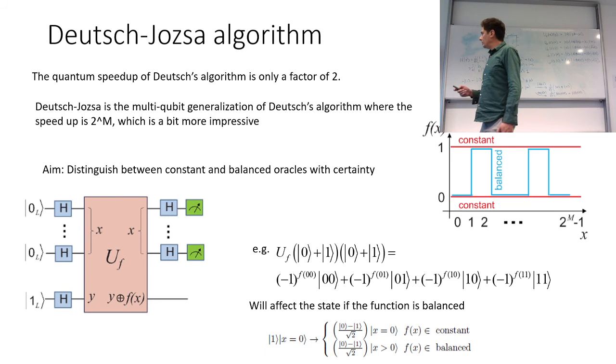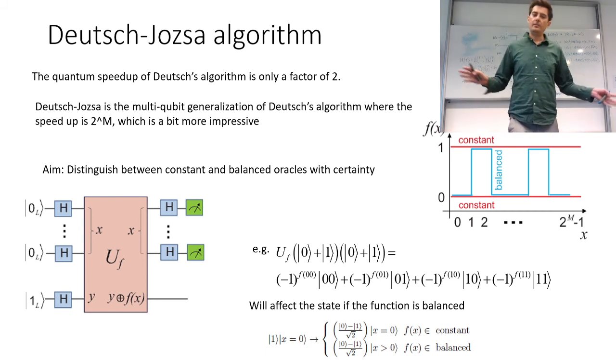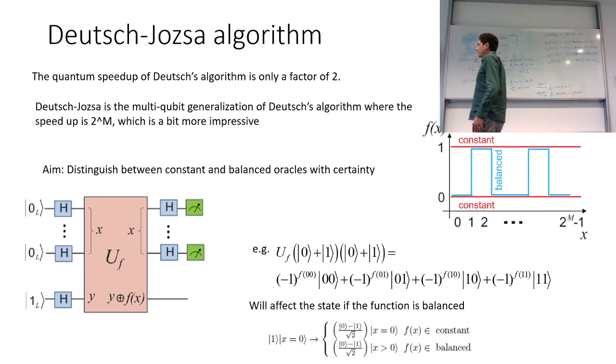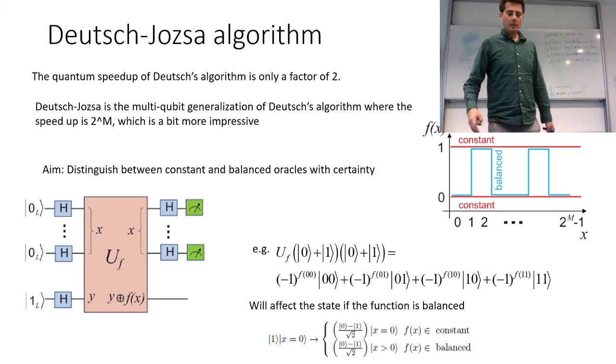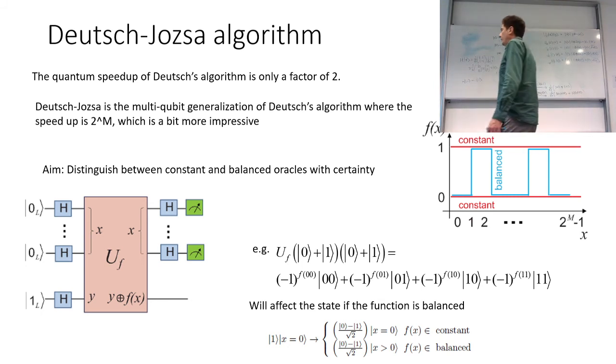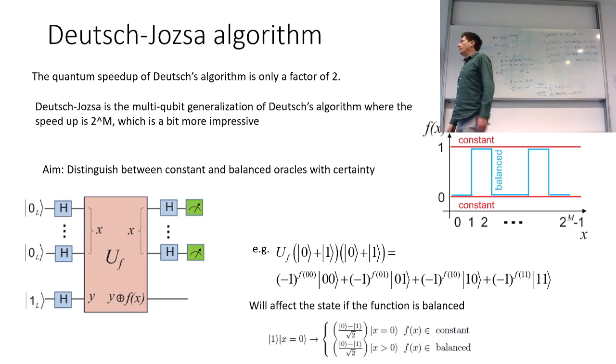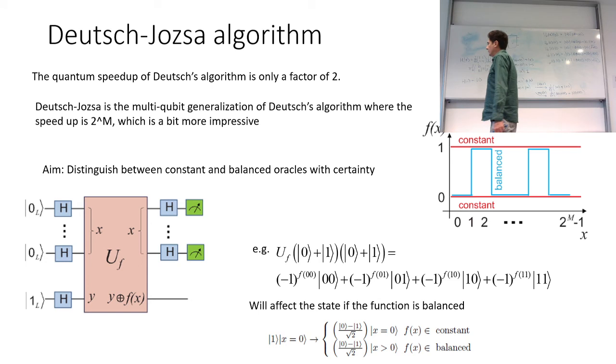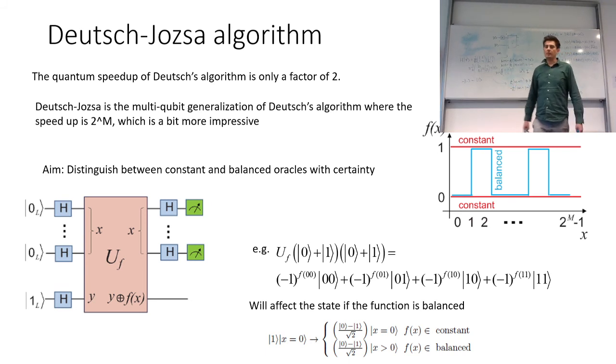For the Deutsch-Jozsa algorithm, which is a generalization we're not going to go into, a souped up version of Deutsch's algorithm, the speed up is actually 2 to the power of n, where n is the number of qubits in this bigger oracle. I think this was one of the first examples that showed a huge speed up over classical computers.